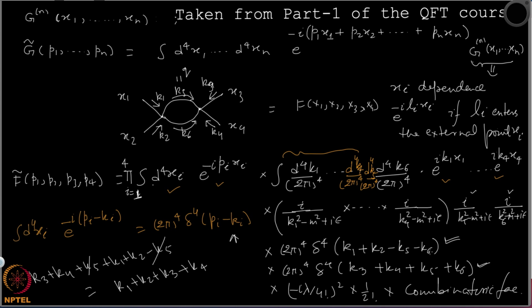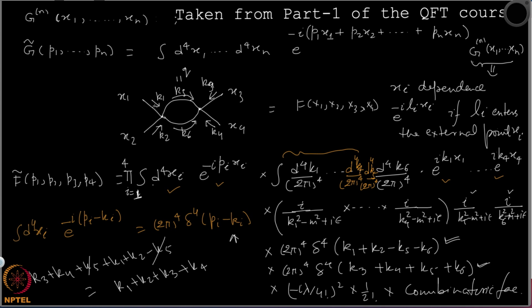momentum space Feynman rules. So recall what we studied at that time, that you label each propagator by some momentum k_i. Okay, in this case you have 6, so you have to integrate over all the 6, and at each external point you include a factor e to the minus i times the momentum that enters into that external vertex times x_i.